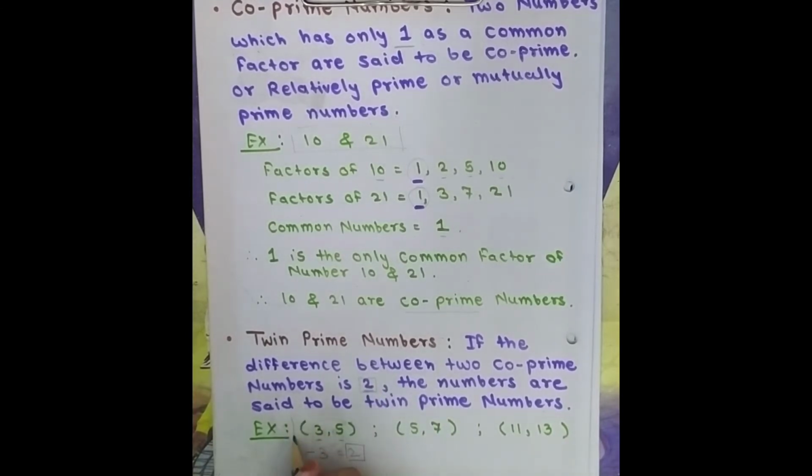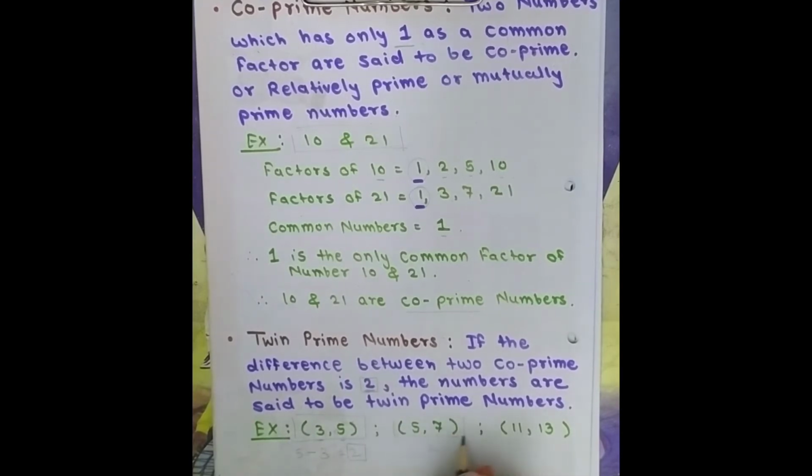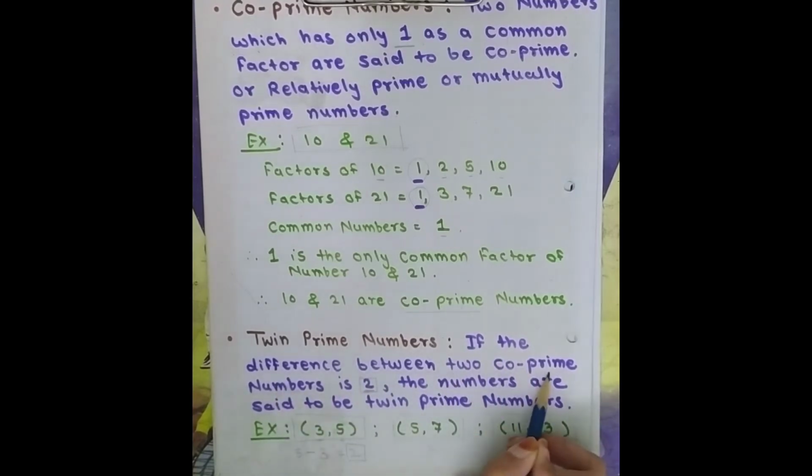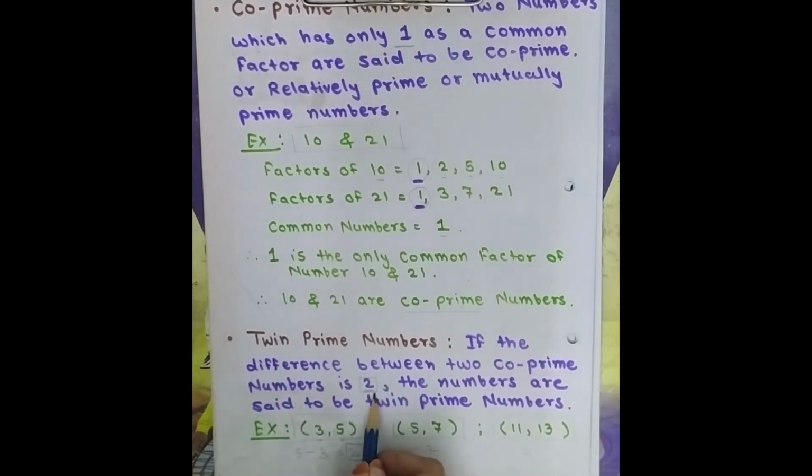Then this is a twin prime pair. Understand? Now 7 minus 5 is 2, therefore this is also a twin prime pair. 13 minus 11 is 2, therefore these are also twin prime numbers. So twin prime numbers means if the difference between two prime numbers is 2, the numbers are said to be twin prime numbers.